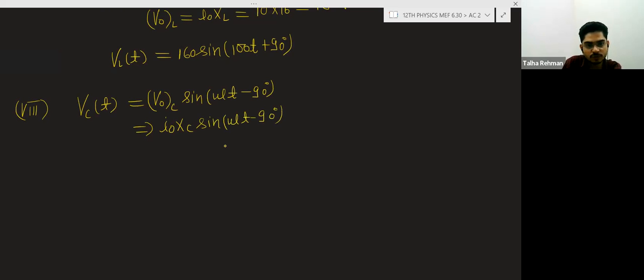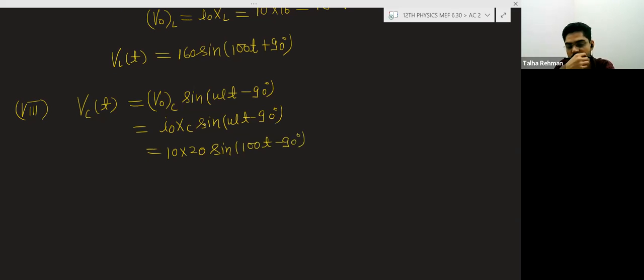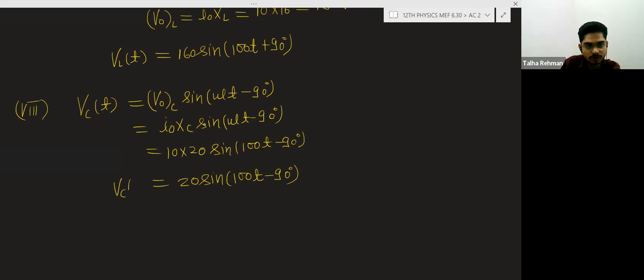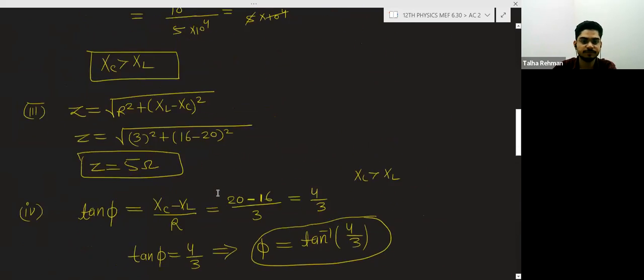I naught is 10 and XC is 20. This is sine 100t minus 90. So this will become 20 sine 100t minus 90 degree. This is your voltage across the capacitor changing with time.